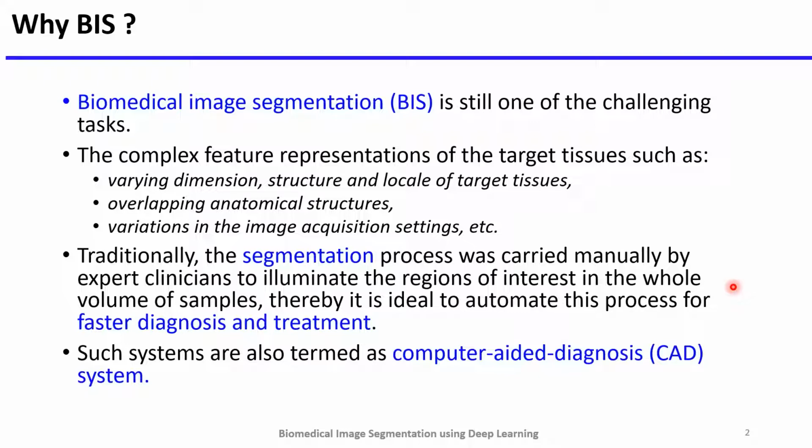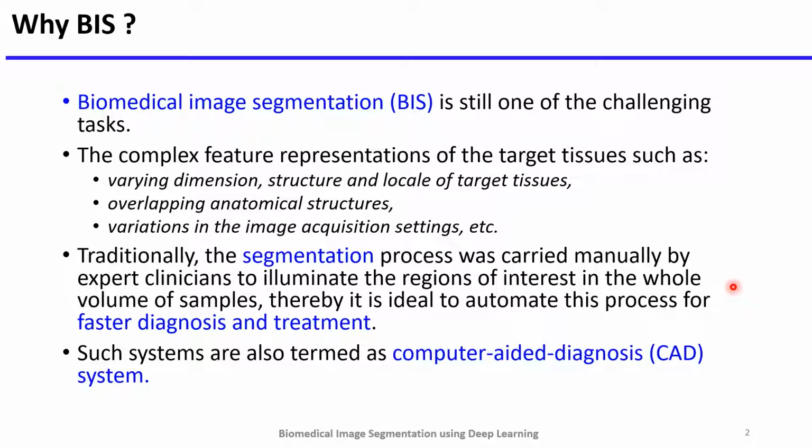While dealing with image segmentation, we need to face many complexities and challenges. A few of them are that we may have images of varying dimension, structure, and target tissues. At the same time, we may have overlapping anatomical structures also, because it depends on which type of images we are working upon.